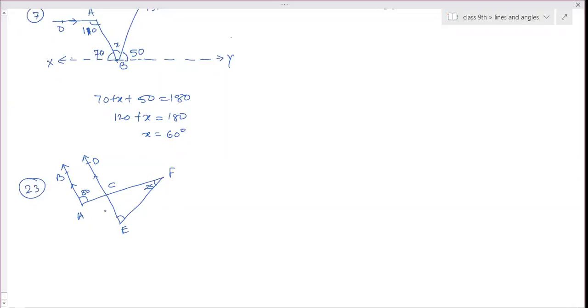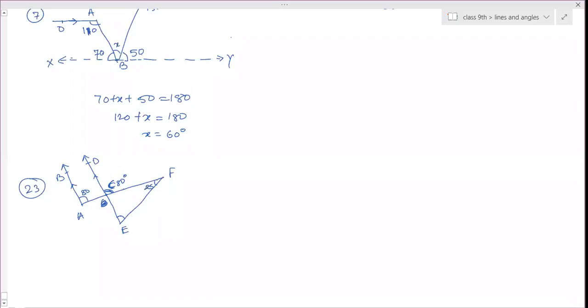So AB is parallel to CD where AF is a transversal. So angle DCF equals 80 degree. Corresponding angles. Okay. Let's name the point of intersection as O. This is already given C. Angle DCF is an exterior angle, which is opposite to angle DEF and AFE.